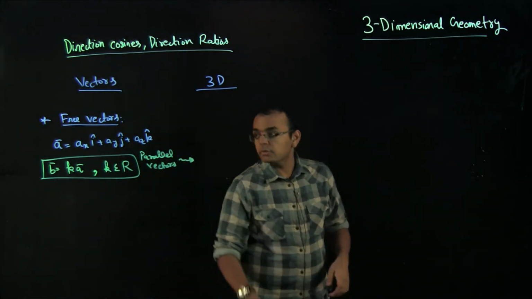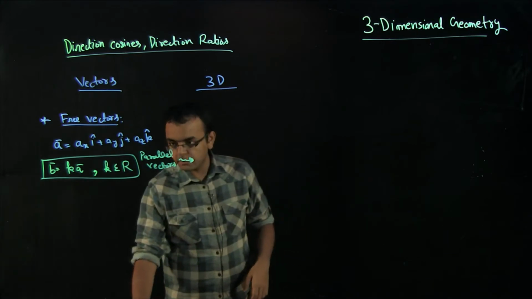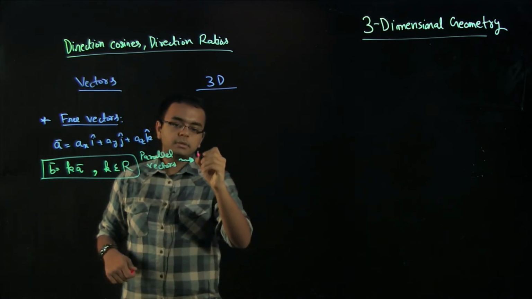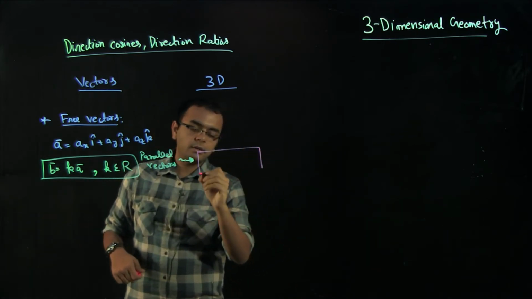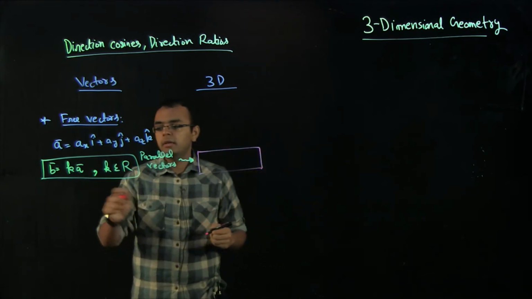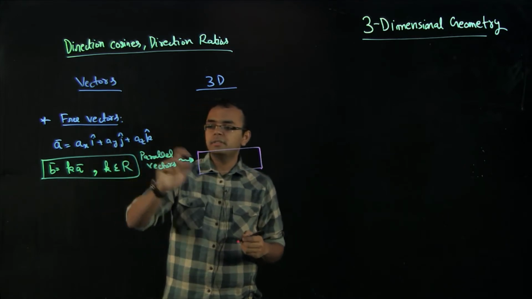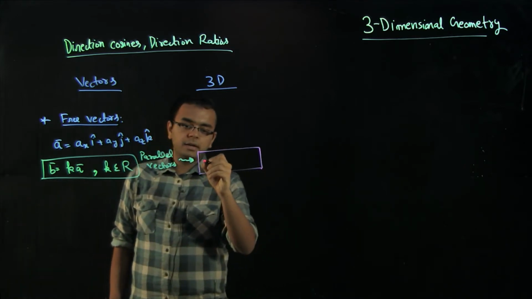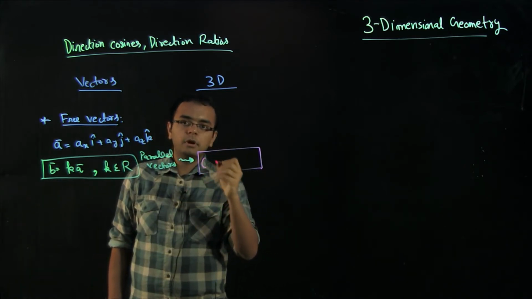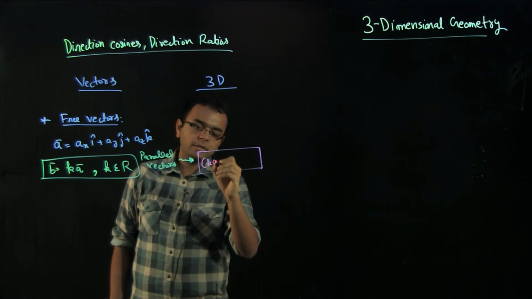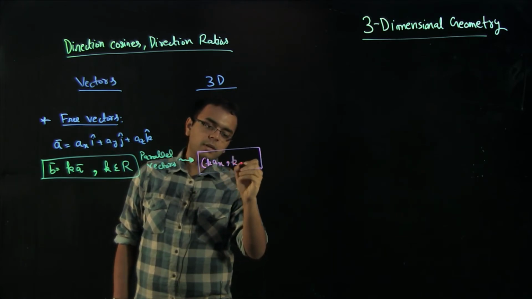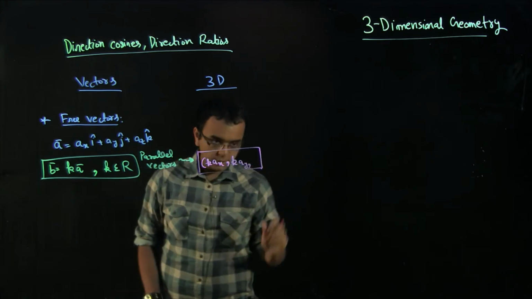Direction ratios is nothing but the same as parallel vectors. And rather than writing them in the form of i, j and k, here the B vector is k times ax, k times ay, k times az. We will basically directly write it in the form of coordinate geometry. We will write direction ratios as kax, kay and kaz.